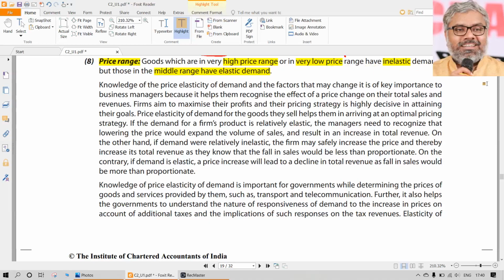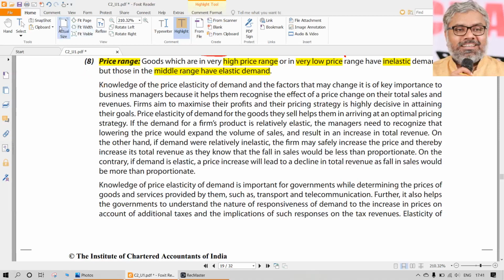Those who purchase very low-priced commodities, very poor people, very normal people, their contribution will be very basic. At the maximum, they can buy only food products, basic necessities, but they cannot afford slightly expensive products like refrigerators, washing machines, cars and all. They cannot do that. Who can do that? Middle range products. So the focus of the market economy, where it can play with the demand using price as a mechanism, will mostly be on the middle range.